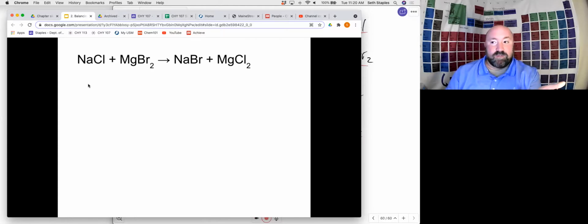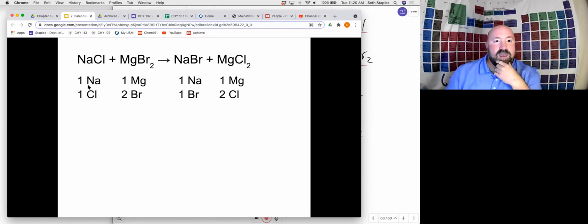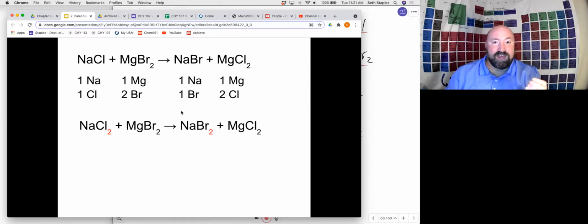So we just count. We start off by literally just counting. To start off, I've got 1 Na on my reactant side. I've got 1 Mg. I've got 1 Na on my product side and 1 Mg, looking good so far. 1 Cl on my reactant side, 2 Brs, 1 Br on my product side, and 2 Cls. So that's not balanced. Again, the temptation is to do this, but you cannot do that.